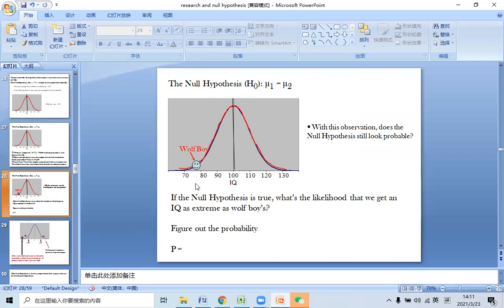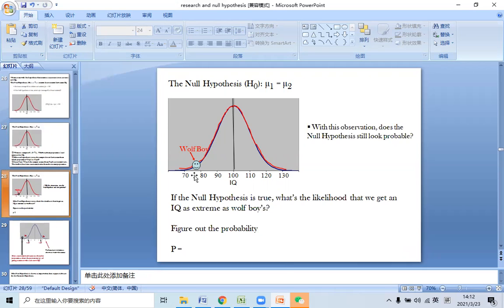How many standard deviations is that from the mean? The mean is 100. He's below the mean. How far below the mean? One standard deviation is 10, two standard deviations is 20. His score is 2.5 standard deviations below the mean.